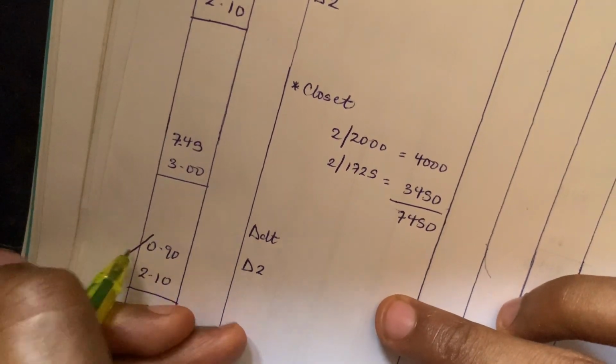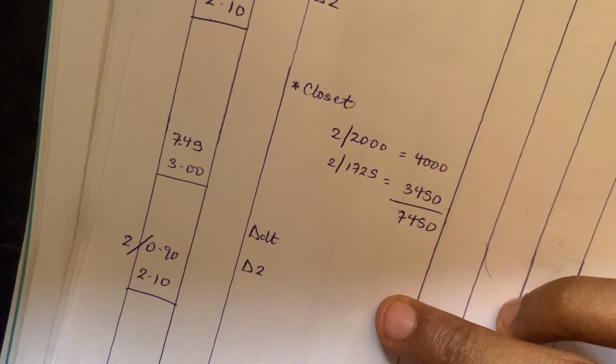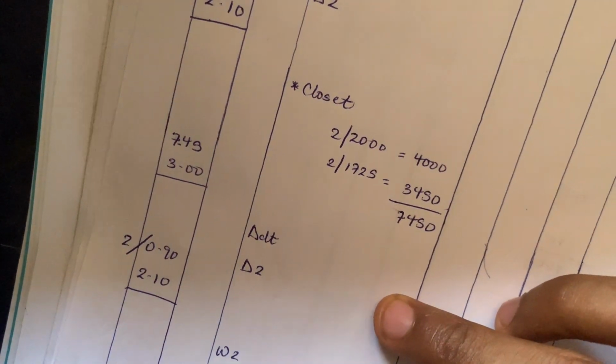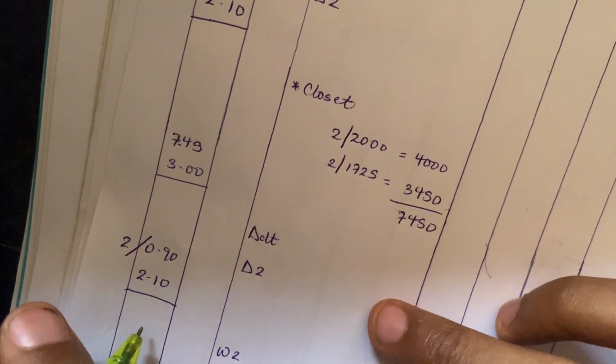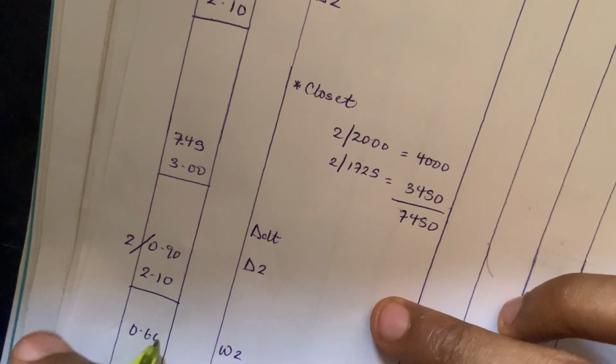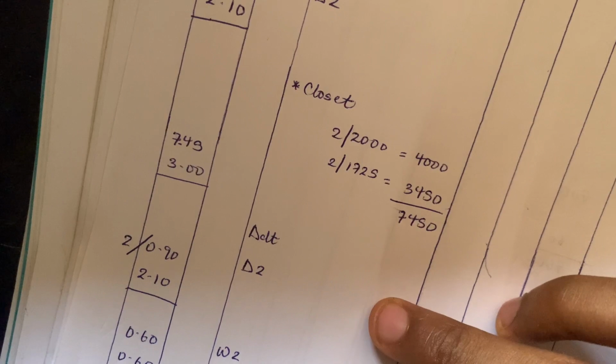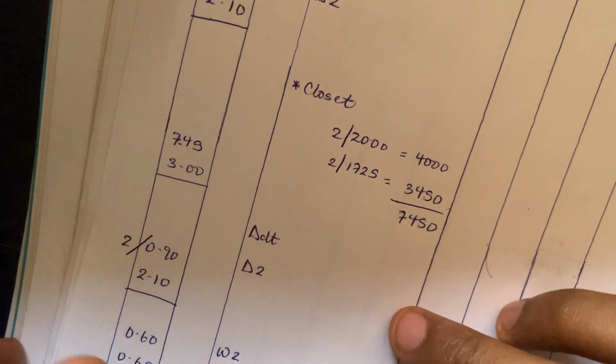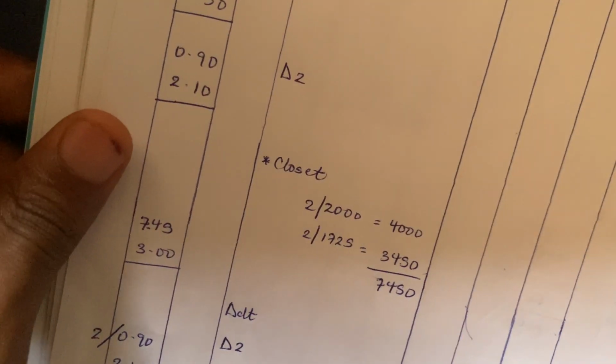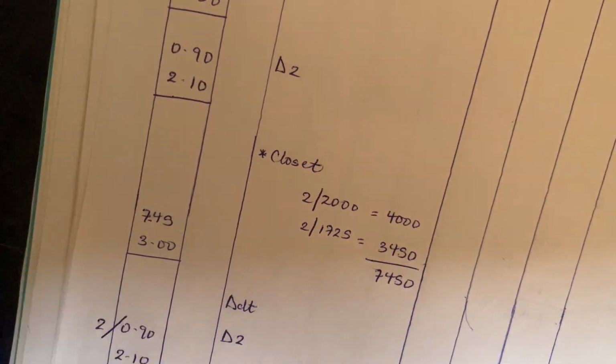How many dot 2s do we have? 2. And then we go to window 2. The size of window 2 is 0.60 by 0.60, and then we close. How many window 2 can we see? Just 1. Now, doing this, you've booked for the closet.